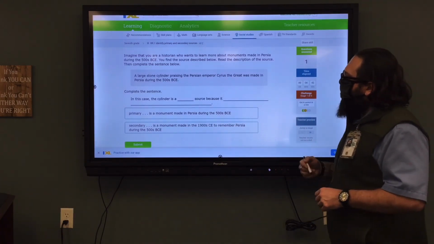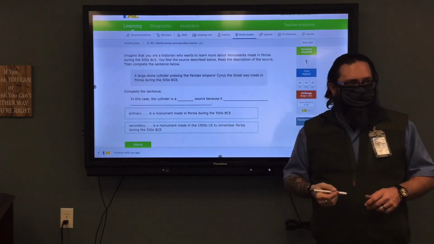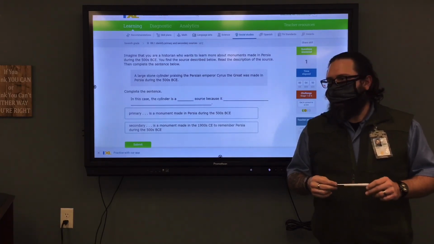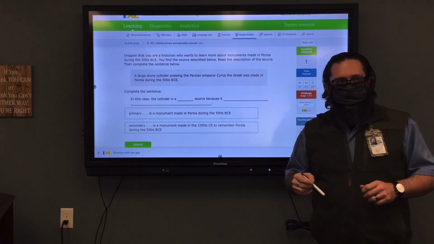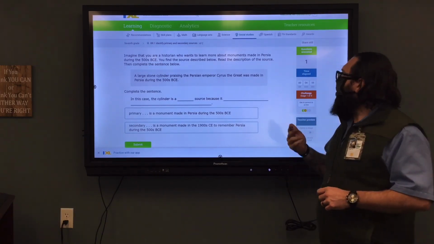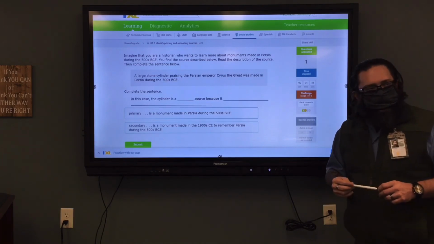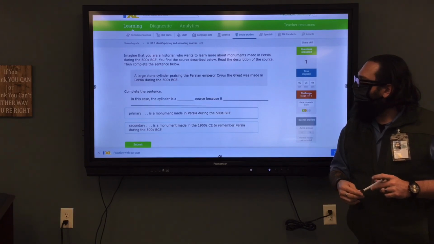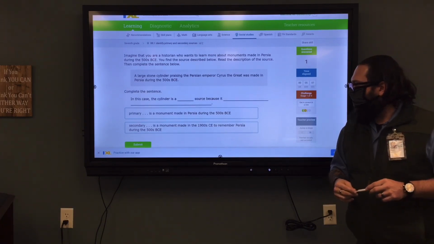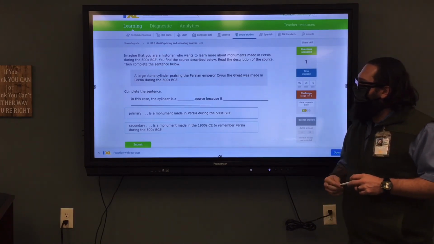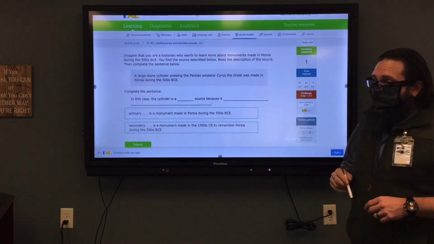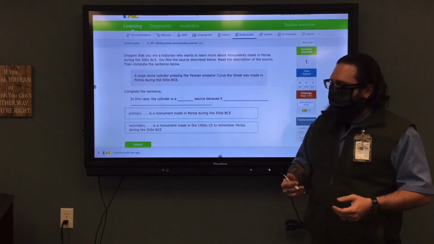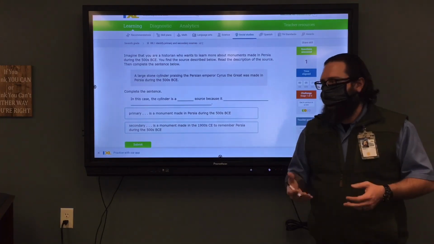So, when was the stone cylinder made? BCE. Okay, and when was Cyrus the Great Emperor of Persia? Right, 500s BCE. So if the cylinder was made around the time that Cyrus the Great was Emperor of Persia, does that make the cylinder a primary source or a secondary source?